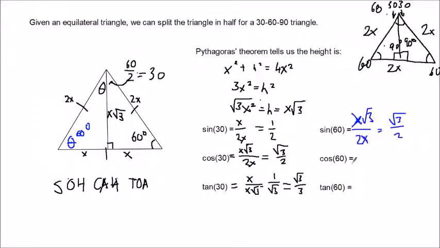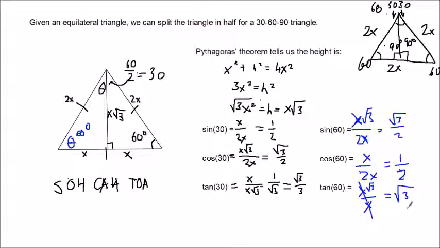Cosine of 60 is adjacent over hypotenuse, which is x over 2x, and that is 1/2. And tangent of 60 is opposite over adjacent, which is x square root of 3 over x, which, if you cross out the x's, leaves square root of 3.